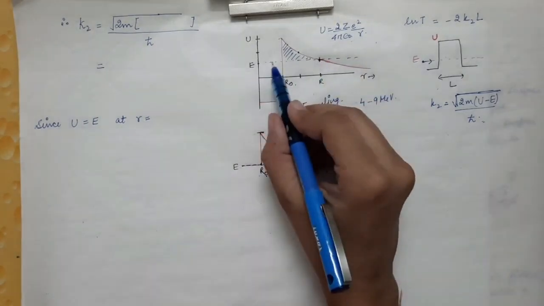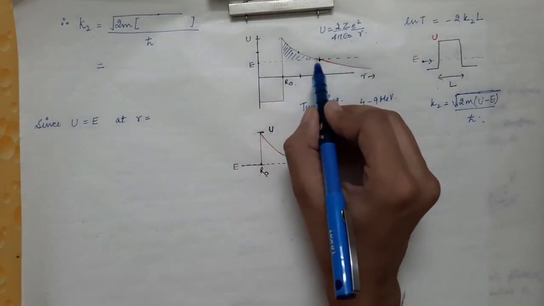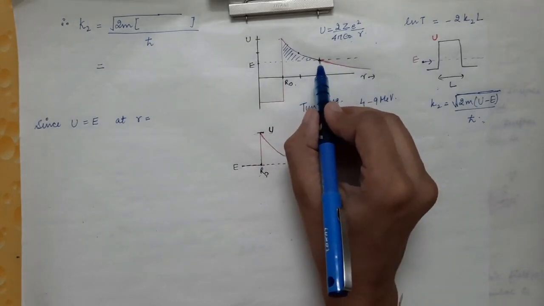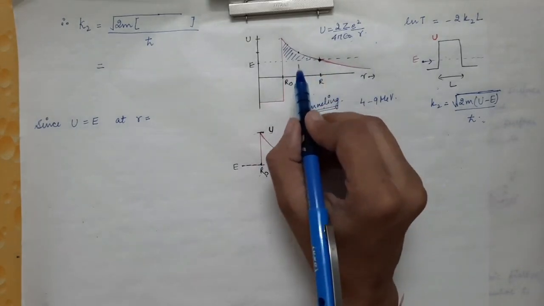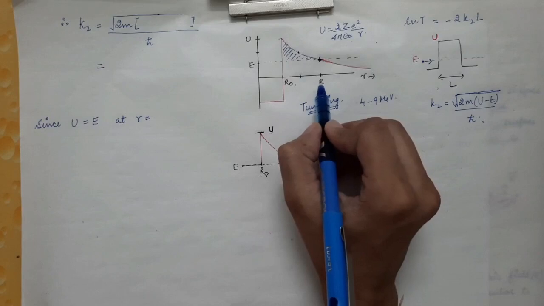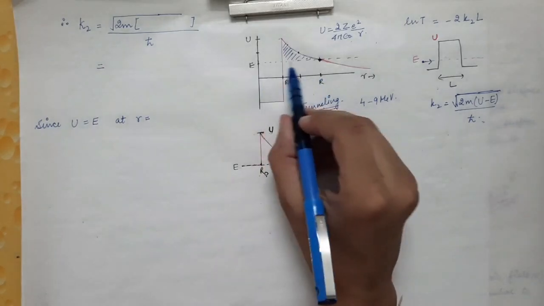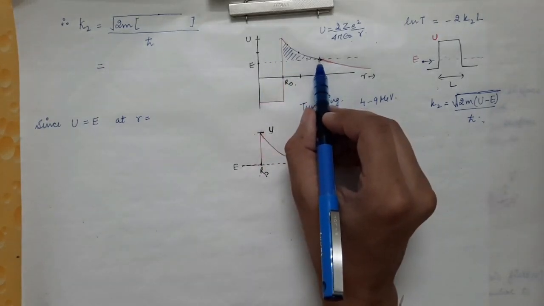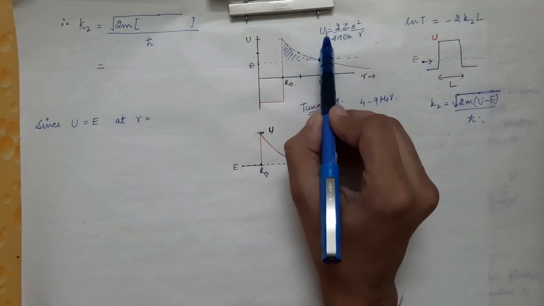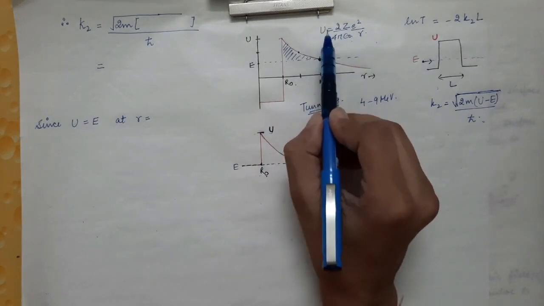Here this dotted line intersects with this line. So at distance capital R, the energy of the alpha particle is equal to U. So what will be U at this point?